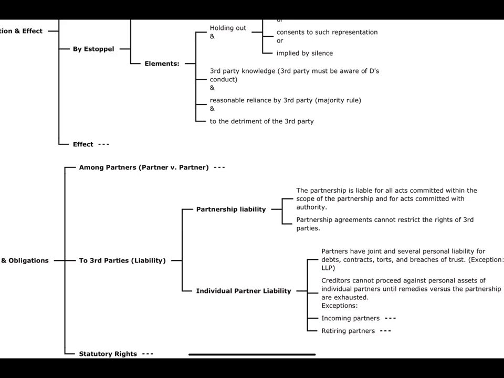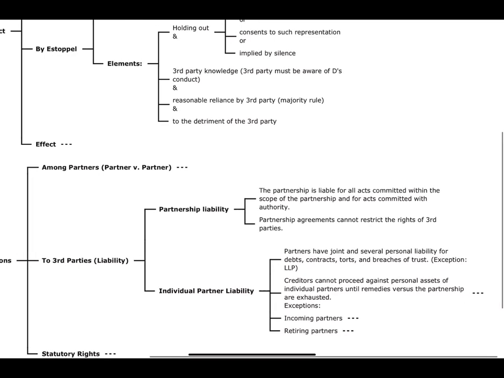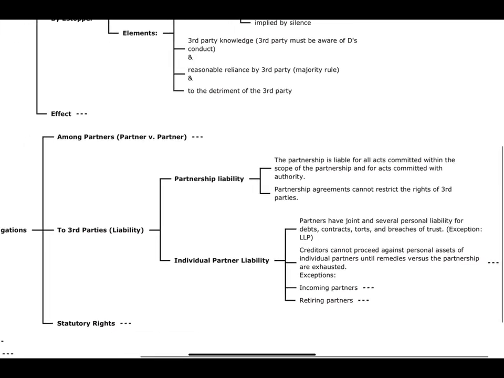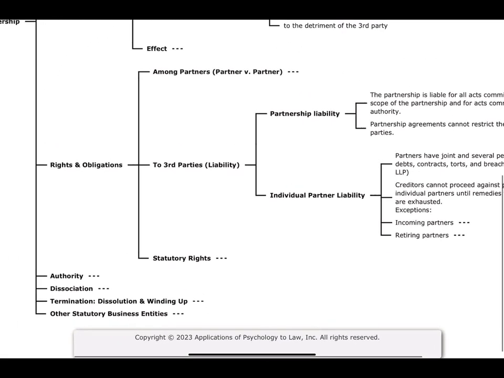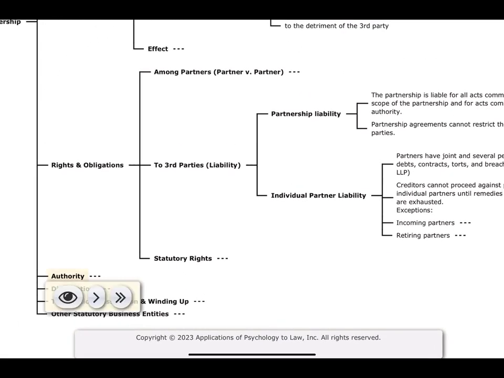We also see that individual partners have joint and several personal liability, but creditors can't proceed against personal assets of individual partners until the remedies against the partnership are exhausted. And there are exceptions to that. But this is basically the law that I think we're going to need to answer this call.